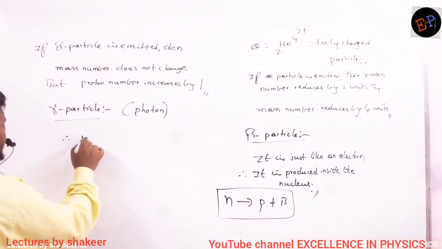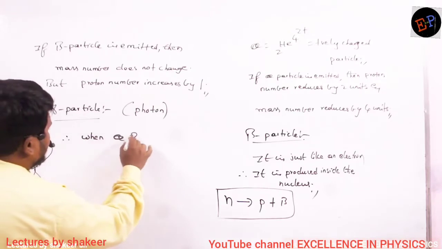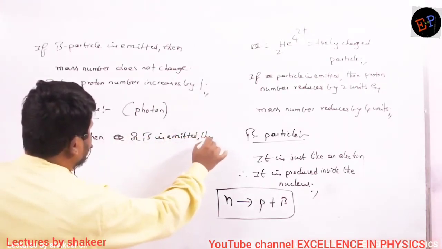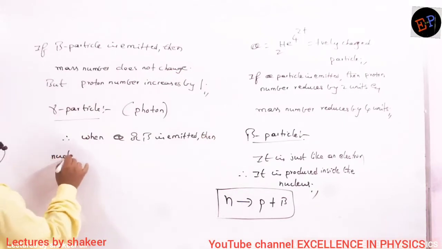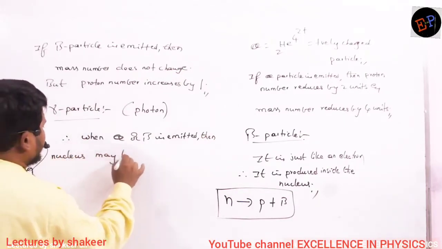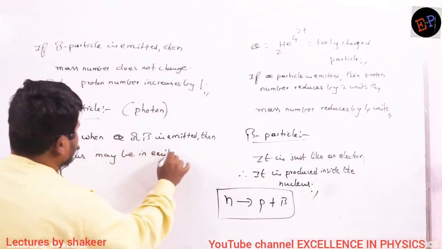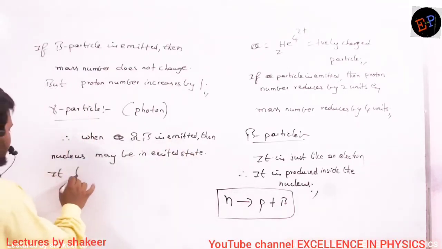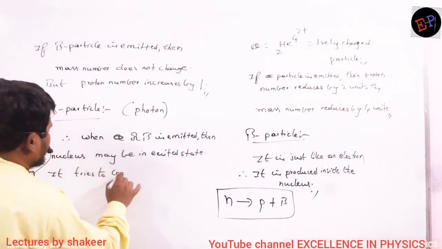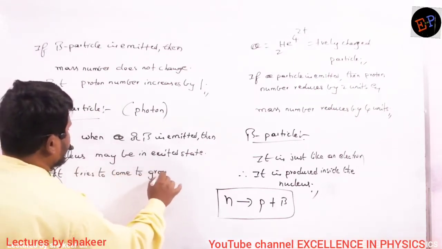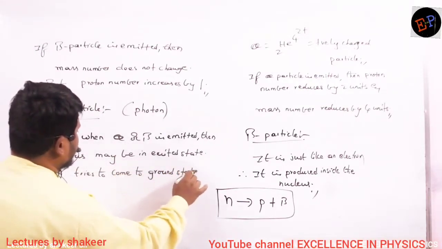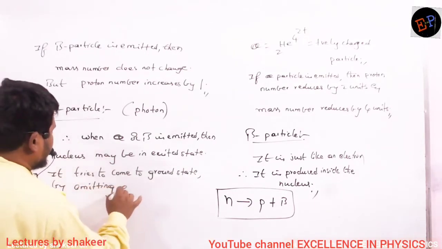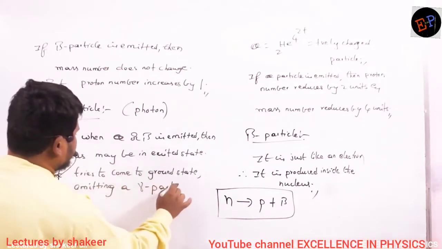So when alpha or beta is emitted, the nucleus may be in excited state. When it is in excited state, it tries to come to ground state by emitting a photon, or you can call it a gamma particle.